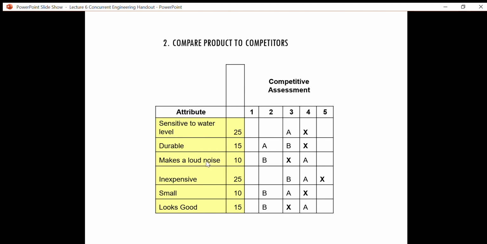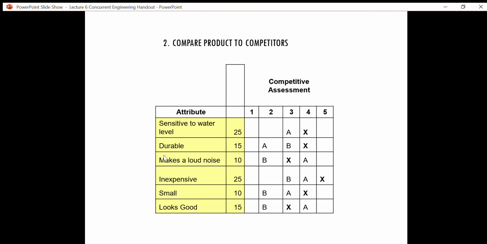For inexpensive, we need to develop a cheaper product because this is the highest demand from the market. Level 3 is B product and A product, so we target ours at number 5, cheaper than B and A. So this is how we make a comparison, and then we put our target.